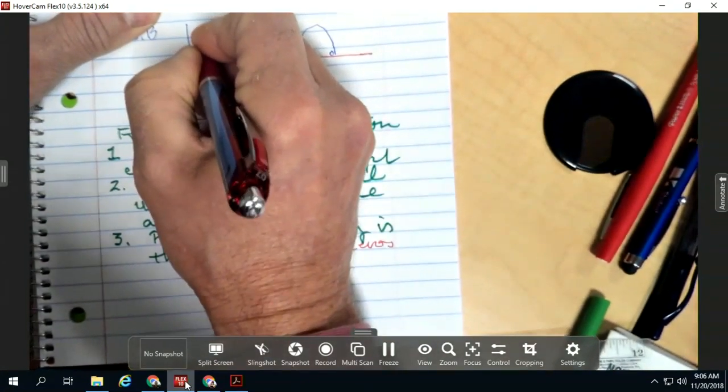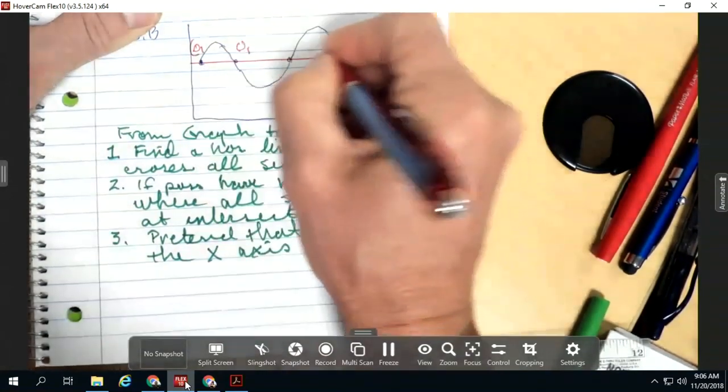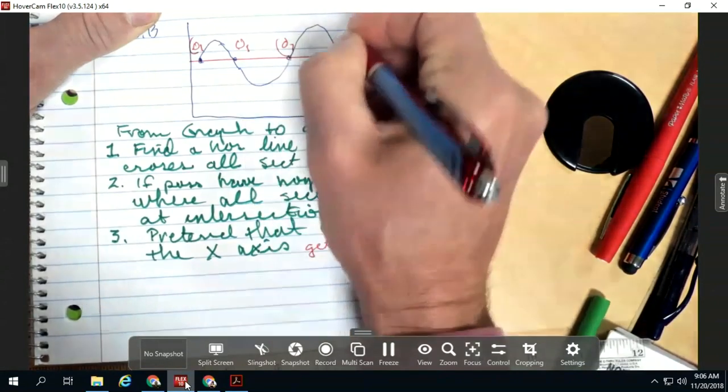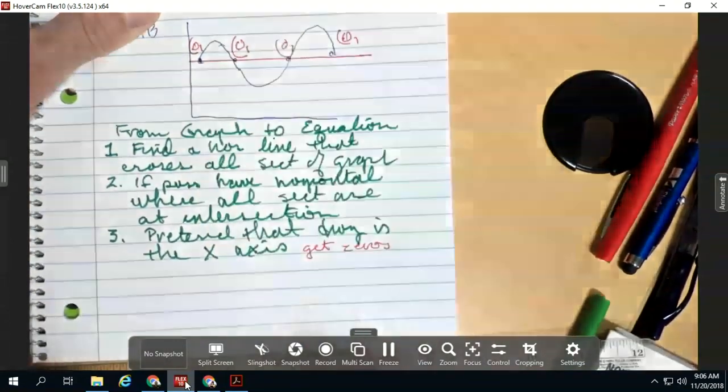Well, this is 0, comma something, this is 0, comma something, this is 0, comma something, and this is 0, comma something. Everybody agree with that?